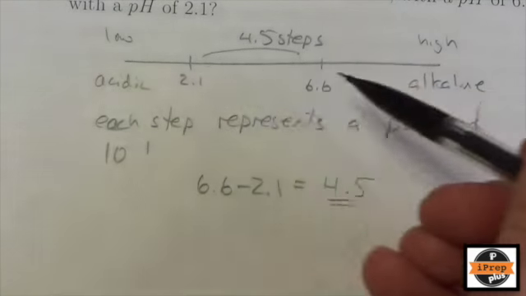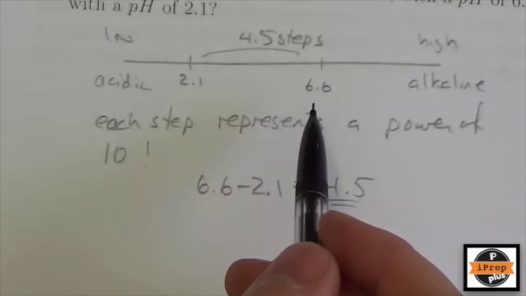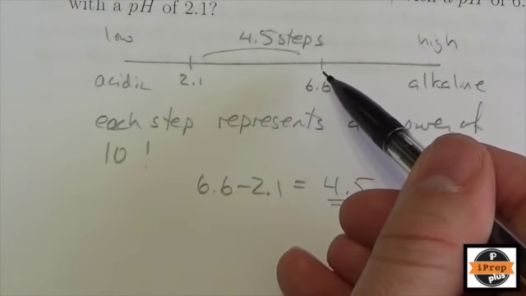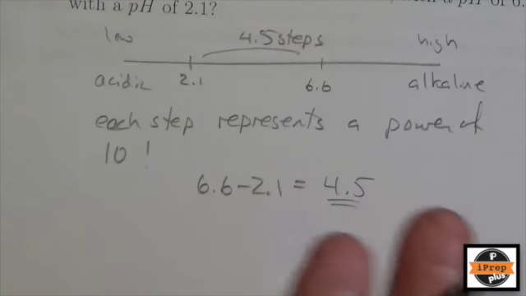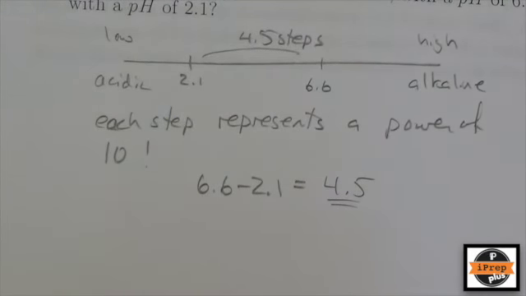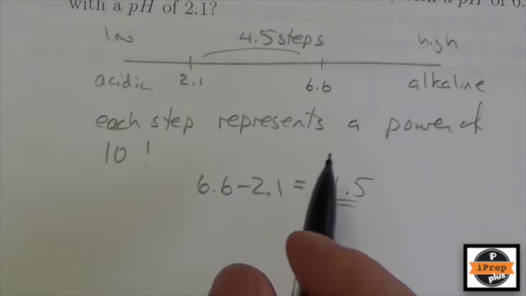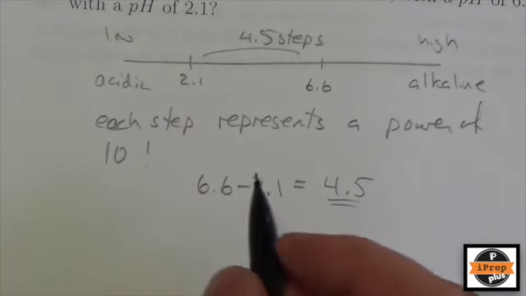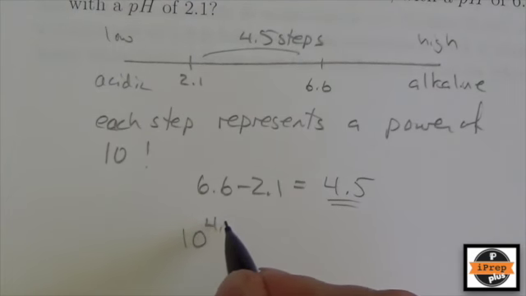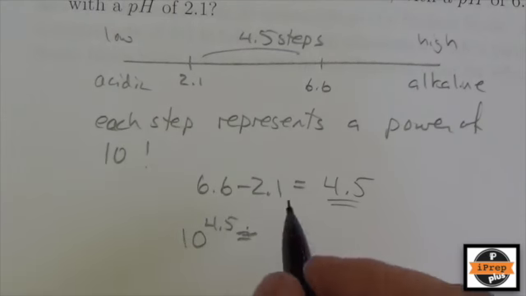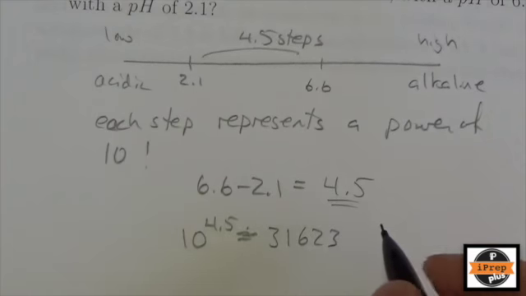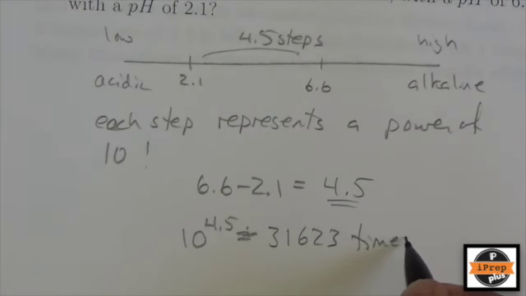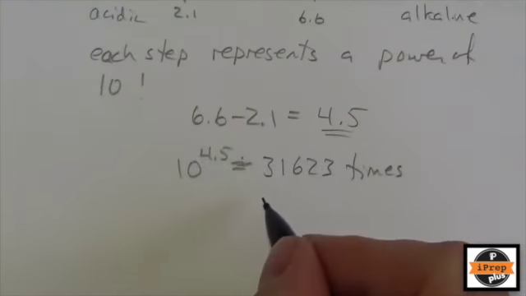Now, if I wanted to compare acidity, I'd have to consider the steps going this way, and I'd be dropping down 4.5 steps. So you have to make sure you understand how we're comparing this. The milk is going to be more alkaline. How many times more alkaline? Well, this is going to be 10 to the 4.5, which is approximately 31,623 times more alkaline.